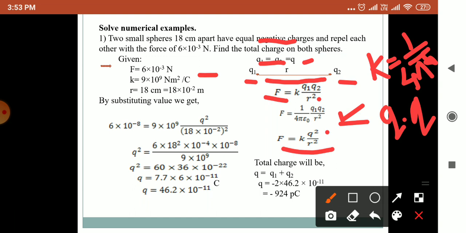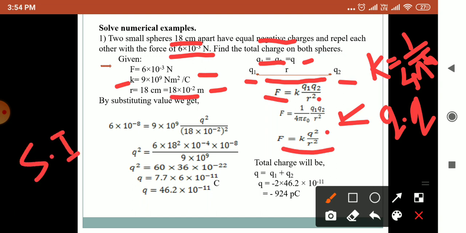They have given the value of force F, then R is 18 centimeter, and K is a constant. So here we have the values of these three. First we have to convert the separation distance R from centimeter to meter, that is, to SI unit.